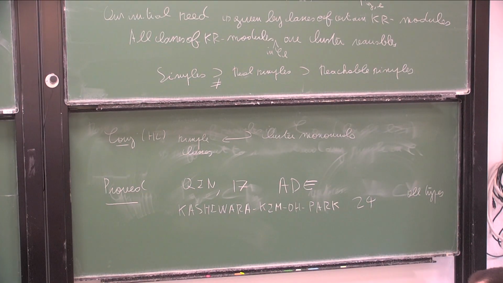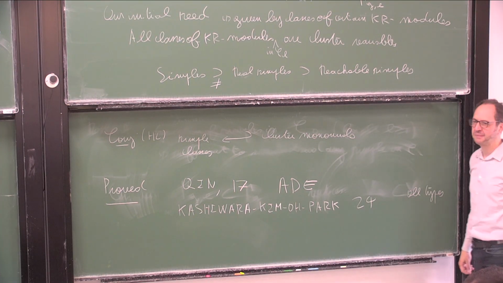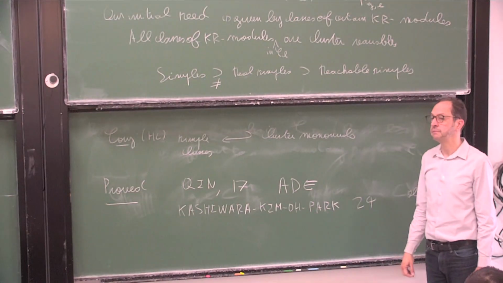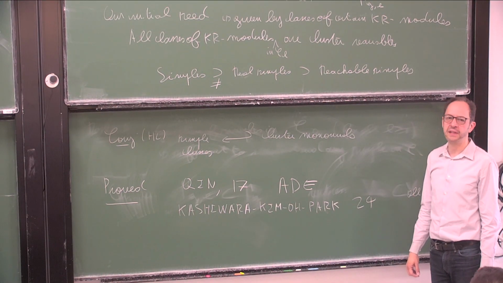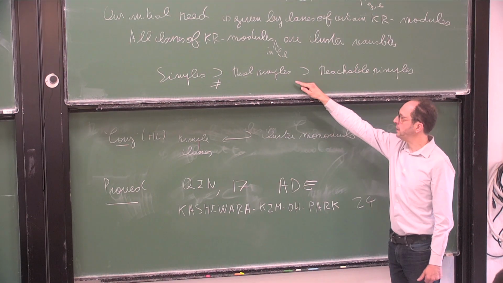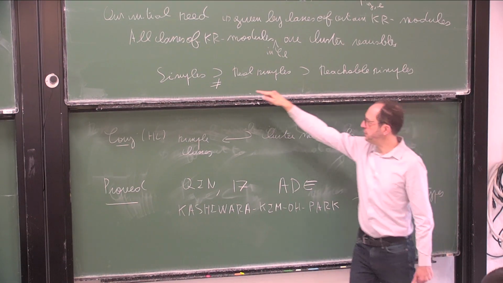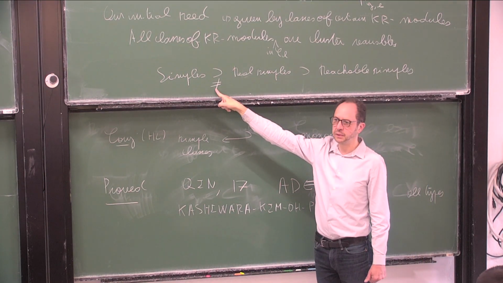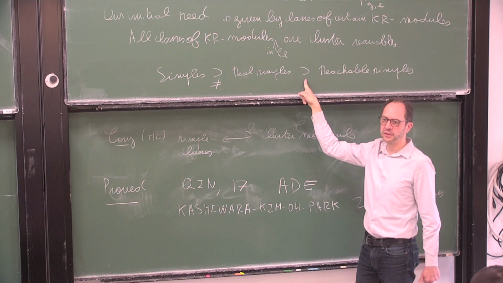But there is no counterexample. I don't know, maybe it's not true. For example, in type A, it's known that it's equal. No, it's not known. It's not known for SL3. For SL2, you have an equality. Everything is equal for SL2.